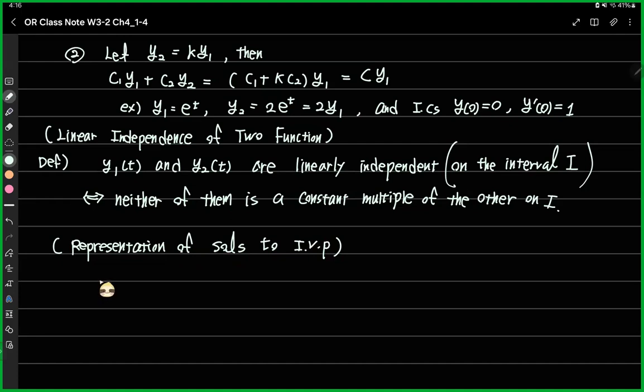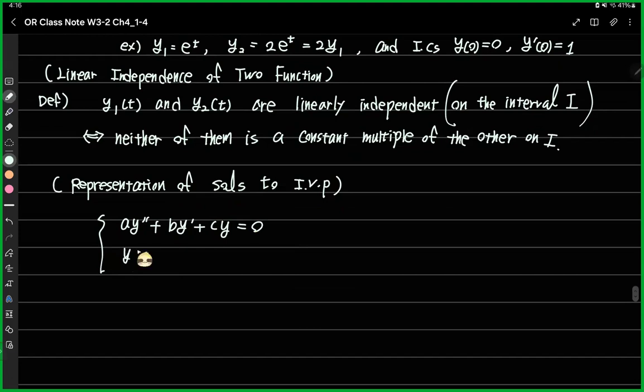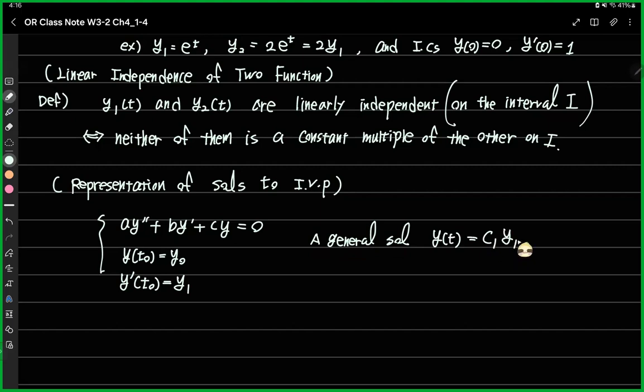For the given initial value problem, a y double prime plus b y prime plus c y equals 0, and then y of t0 is equal to y0, and y prime of t0 is equal to y1. So what's the general solution? The general solution is y of t equals c1 times y1 plus c2 times y2.